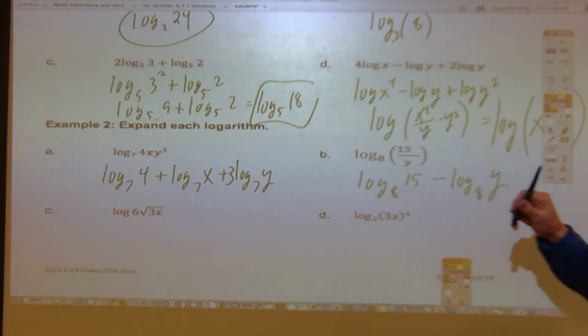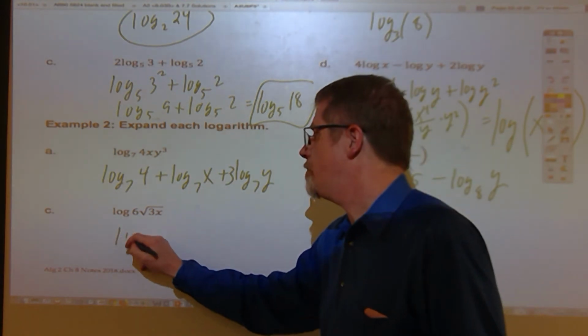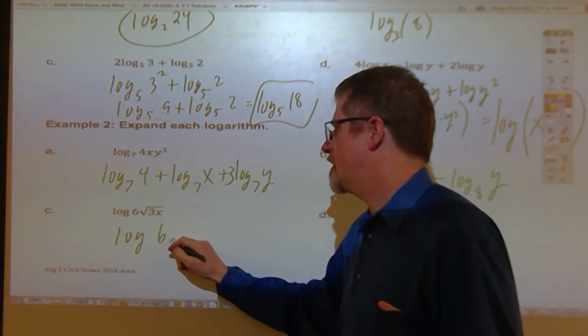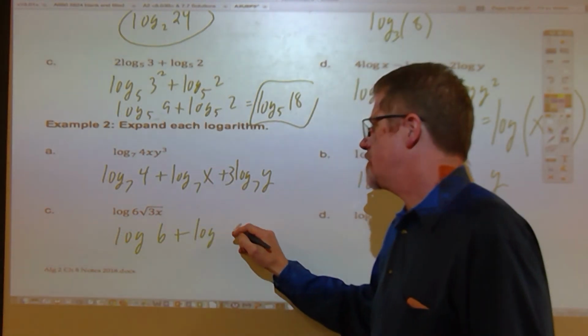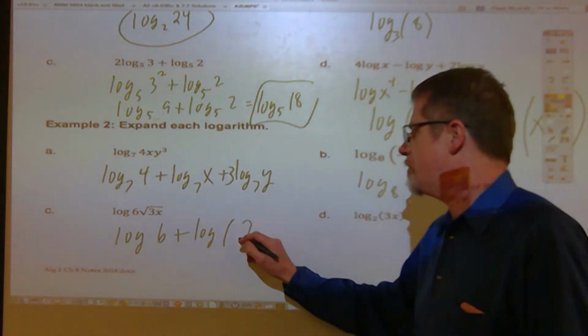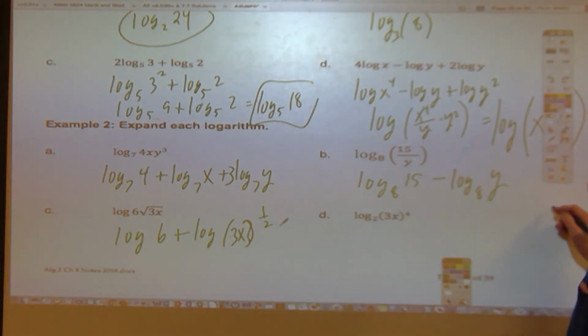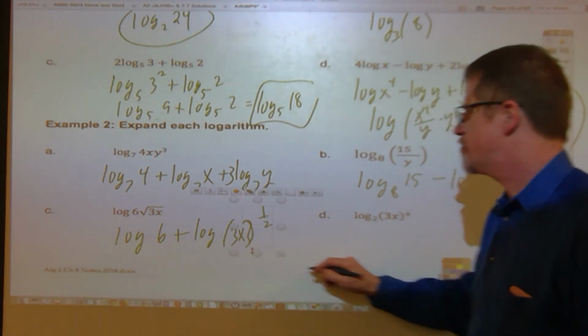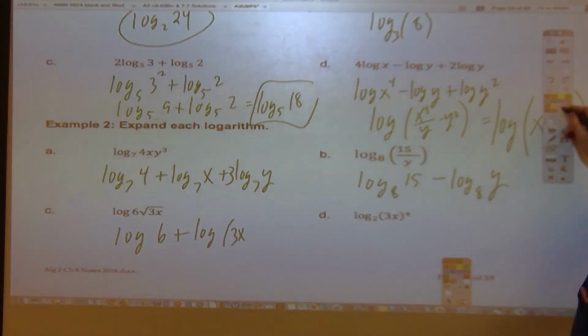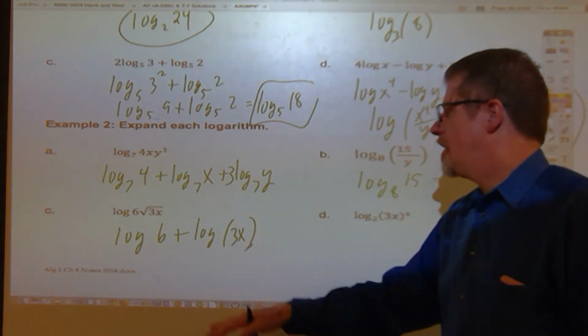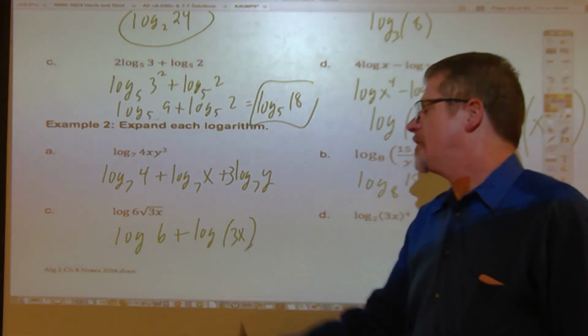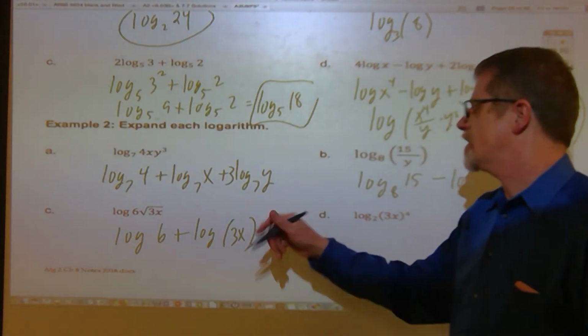I love part C because it requires you to remember log of 6 plus the log of the square root of 3x. But it requires you to remember that the square root symbol is an exponent of 1/2. You might be wondering, what did you just write there? Okay, yeah, that was a little bit messy. The log of a product is the sum of the logs. Log of 6 plus the log of the square root of 3x.